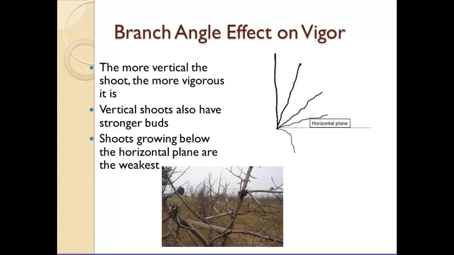You don't want to get them too flat because you don't want to lose all of your vigor. So it's kind of bring it somewhat horizontal so that you can reduce some of the vigor but also have good bud strength. And so you never want to have shoots that are below the horizontal plane. Those are very weak wood, and if you just have some naturally growing, those are targets for being pruned out, anything that is growing below the horizontal plane.